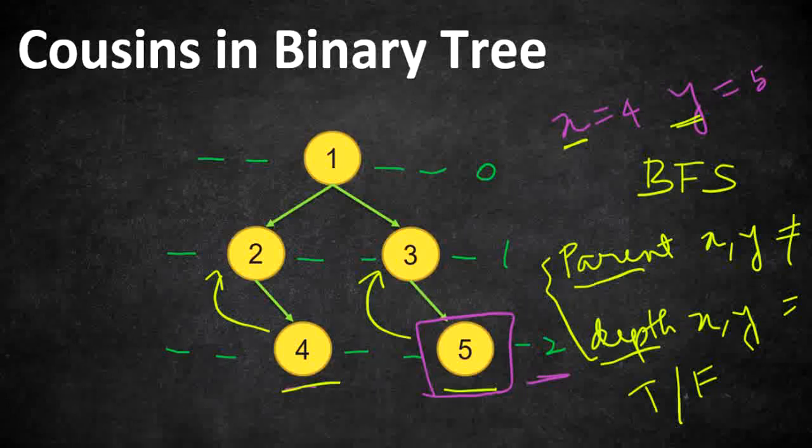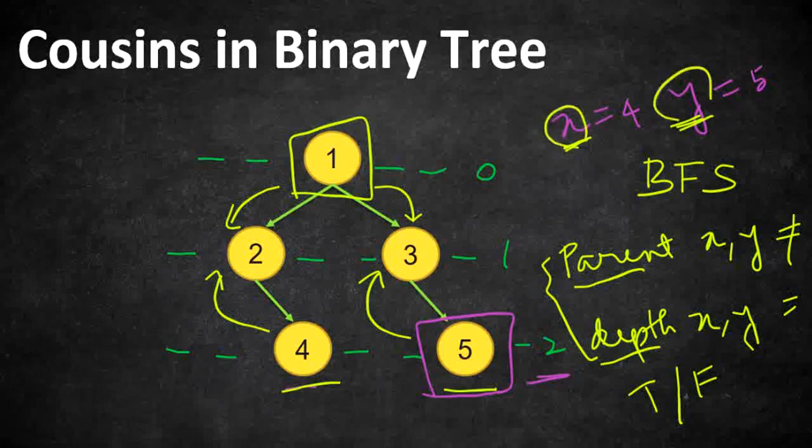So in this video we are going to use this simple recursive BFS algorithm, and we are going to check for every node whether its left child or right child is x or y, so that we can identify x or y's parent.